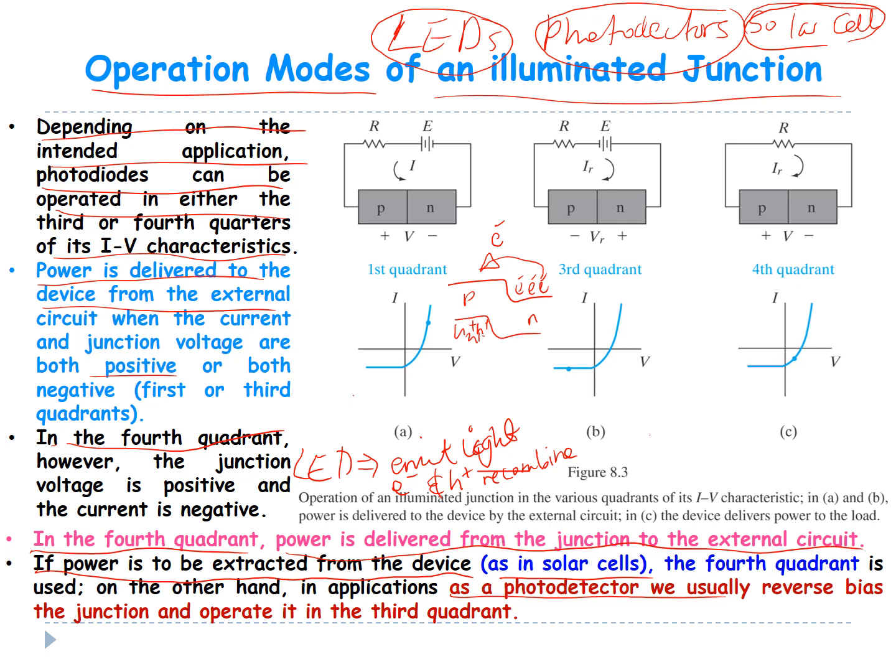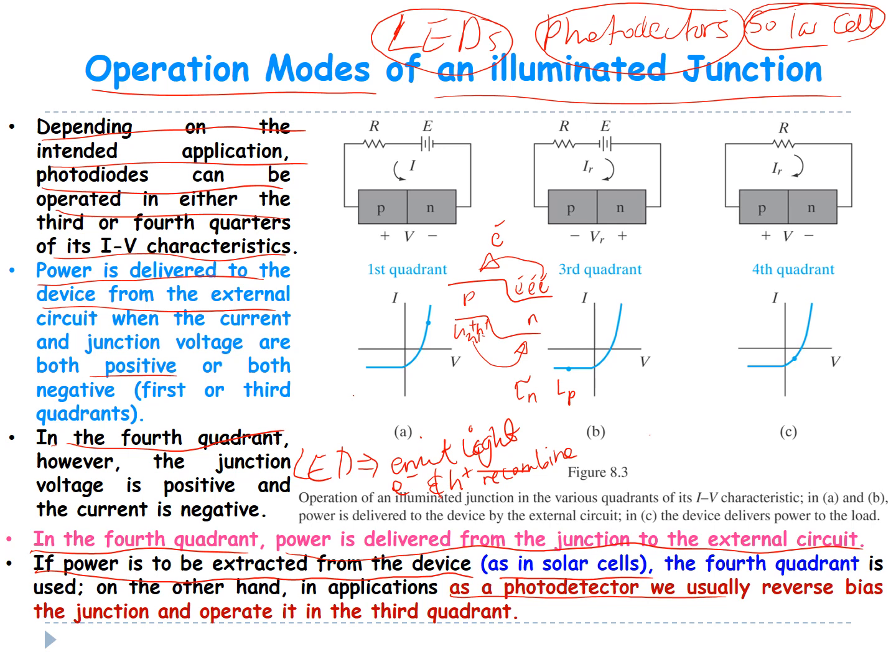You can have the same argument that if you inject holes to the N side, holes become minority carriers there, and you know minority carriers have a lifetime, which is tau P, and they will only diffuse in the N side for a short distance, which we call here Lp.